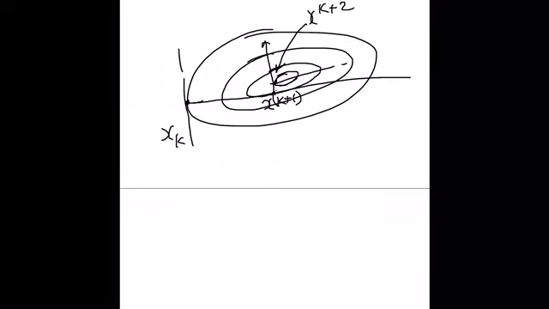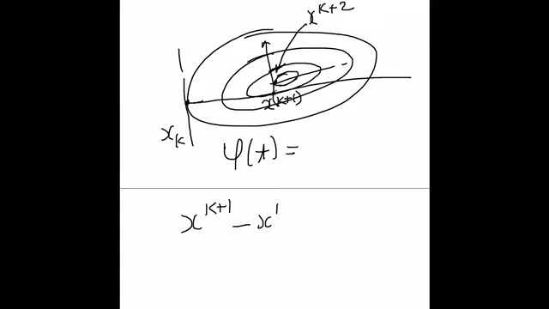One interesting property here is, let's define psi of t, and we will come to that property. Intuitively, we can see that the line x of k plus 1 minus xk is perpendicular to x of k plus 2 minus x of k plus 1.